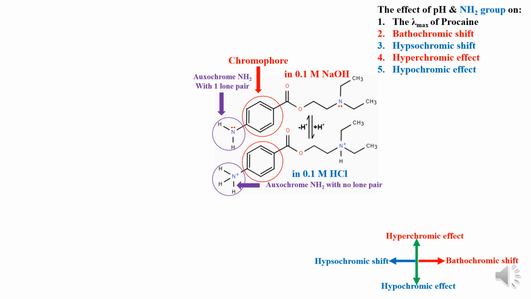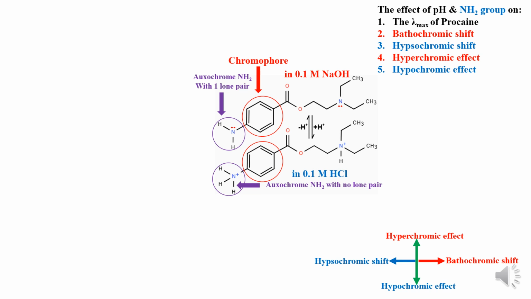And under acidic condition, you can see that the primary amino group is getting protonated, and this results in loss of the lone pair of electron. So under acidic condition, the primary amino group is getting protonated, and thereby the lone pair of electron that was present on the nitrogen atom is no longer available.